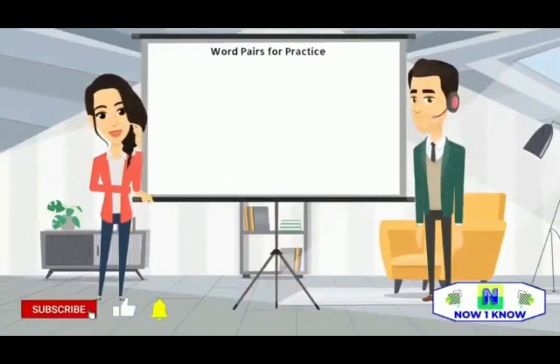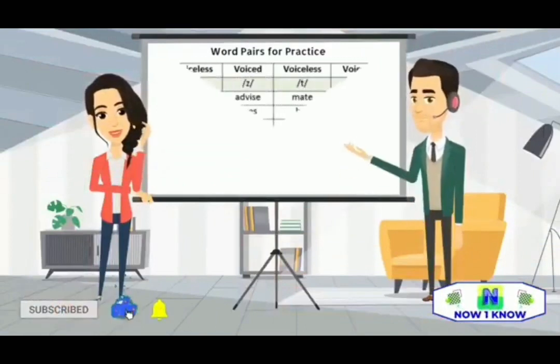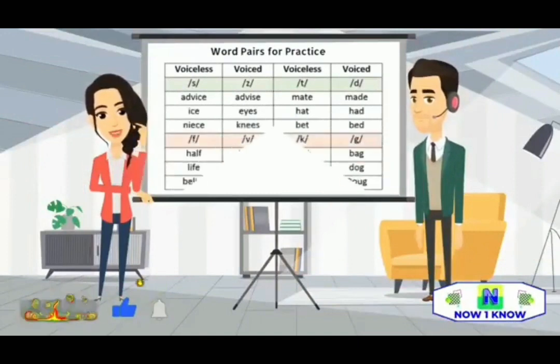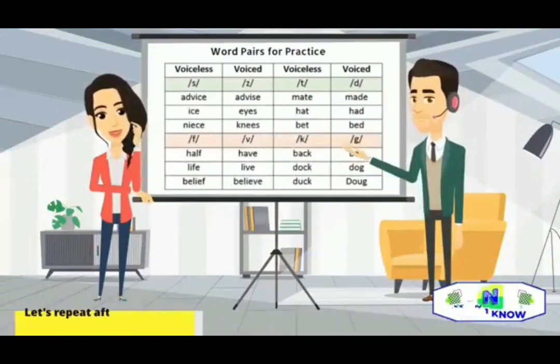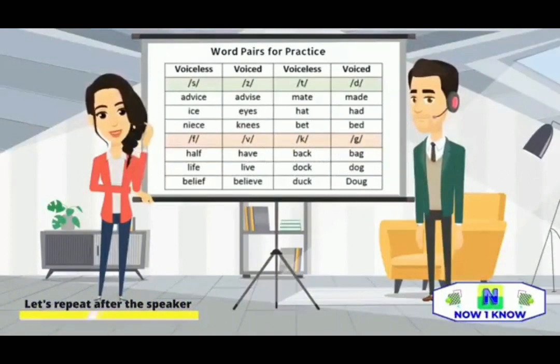Voiceless and voiced consonants. Word pairs for practice. The first word of the pair ends with the voiceless consonant and the second with the voiced one. Notice the difference in vowel length. Advice, advice.